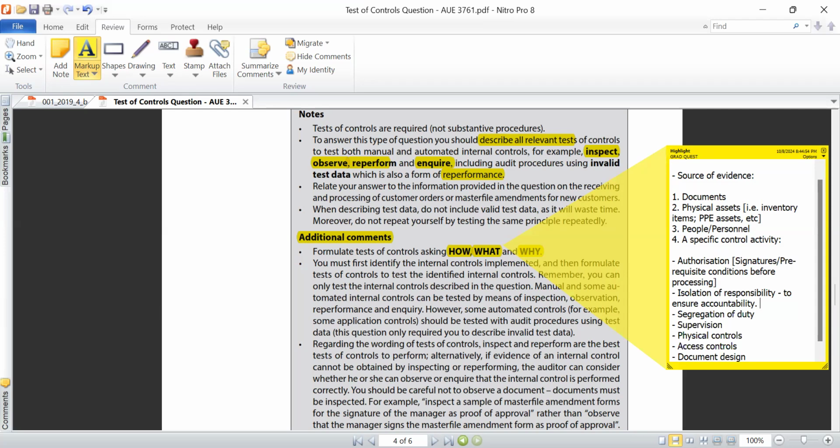Then segregation of duty happens within one confined department. That's where we have segregation of duty, what is known as separation of duty. Segregation of duty and separation of duty are one and the same thing. If we are dealing with the warehouse section, for instance, customers are being received physically at the stores.